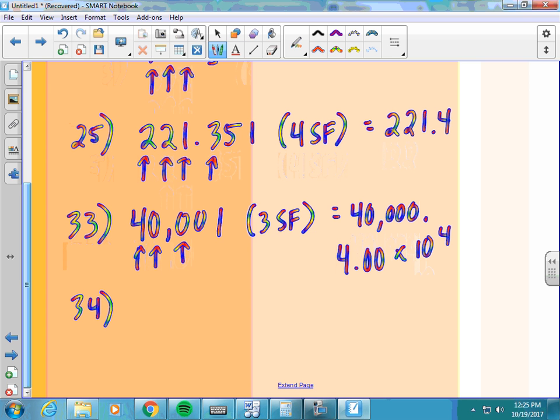So 34, they say 3,000.34, and they say round off to 2 sig figs. So here's the first sig fig, here's the next. So I'm going to round it off to the hundreds place, either keep it at 3,000 or go to 3,100. All right, the next digit's a 0, so I'm going to keep it at 3,000. But that doesn't work either. So the actual answer to that would be 3.0 times 10 to the 3rd.